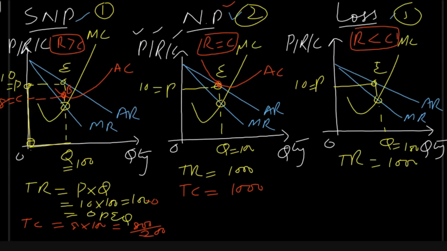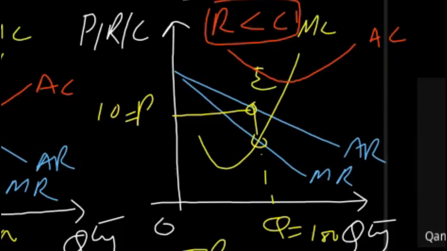In case of loss, revenue should be less than cost. It means average cost will further go up, and it can be somewhere at this point. This is average cost, and now we have to extend the perpendicular from Q till average cost curve, and the new point is, let's say, point A, and this is average cost C, which is, let's say, $15, and average cost is now greater than the price.